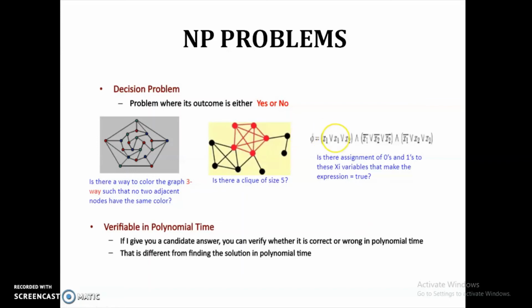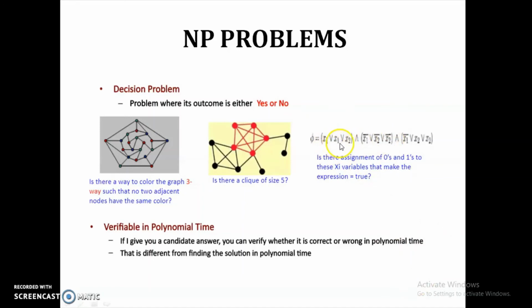And the third problem is the satisfiability problem. Here we take a Boolean expression and check whether it gives the output 1 for some assignment of truth values to the Boolean variables.